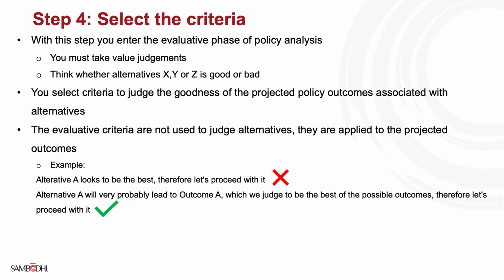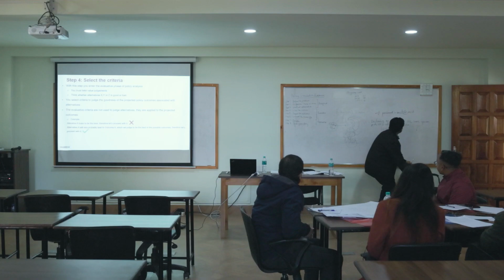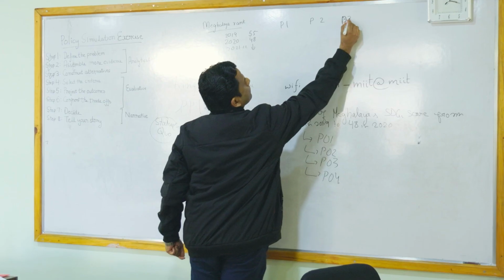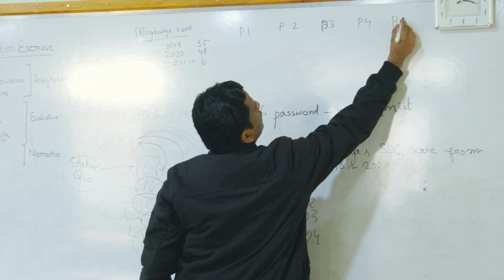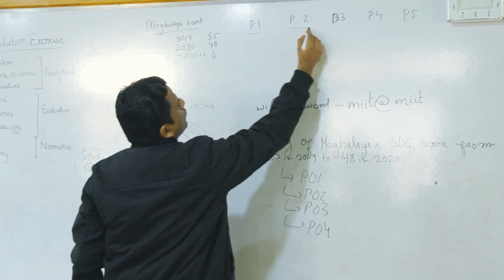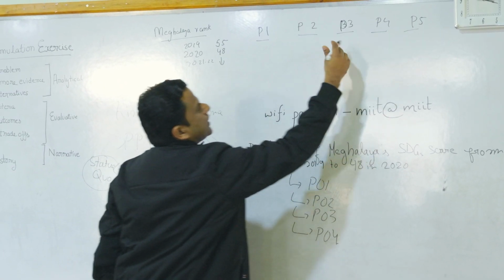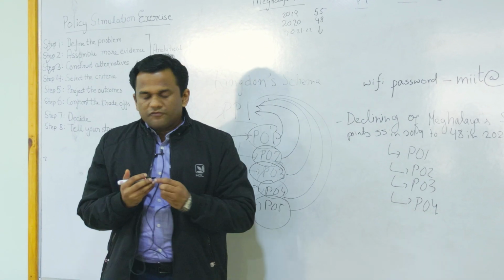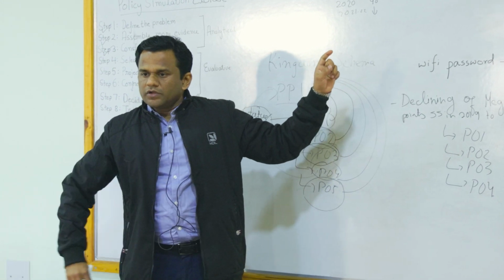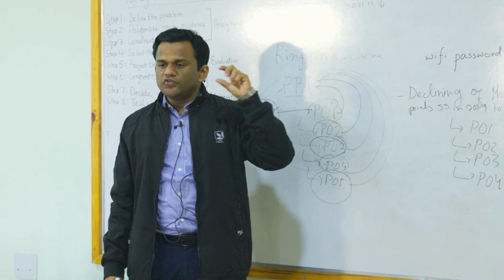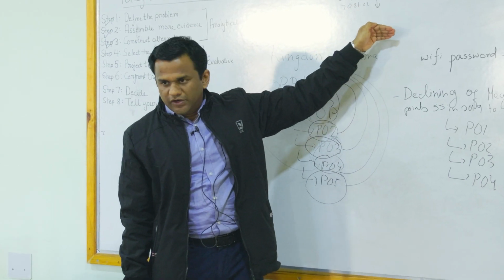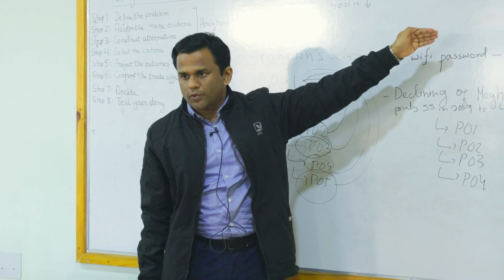So let's say you have these 5 alternatives, right? And one is status quo, then infrastructure, teacher training, regular payment, and so on and so forth. Now, for each of these policy alternatives, you have to evaluate it using a lens, and those will be 3 or 4 different kinds of lens through which you will evaluate all these 5 policy options, right?